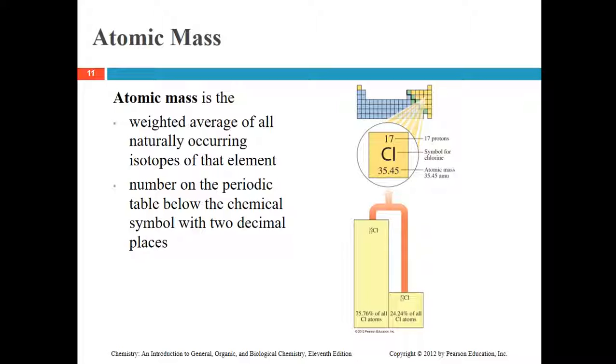So they average the percent of the isotopes of that particular element, and they get the number. And depending on what chemistry class you're in, that number is more specific. Sometimes it's 2 decimal places, sometimes it's only 1, sometimes it's like 4 places out.